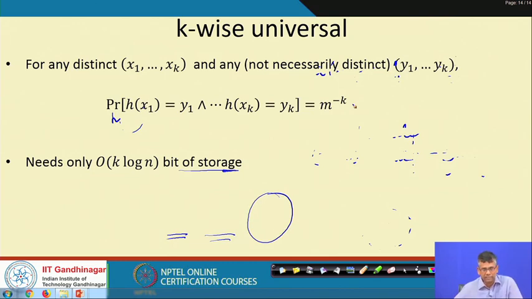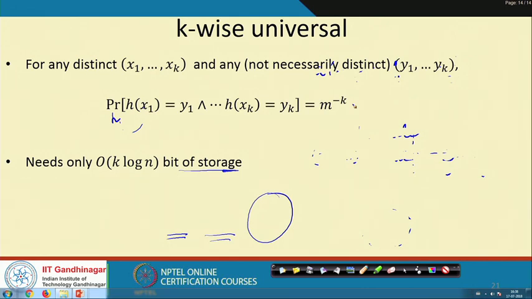So how do we create such a hash function? It's very simple actually. Rather than just using ax mod p, we now have to use a polynomial of degree k. You choose a1 to ak and therefore create a polynomial, and it's not very hard to say that by the uniqueness of roots of a polynomial you get this property.